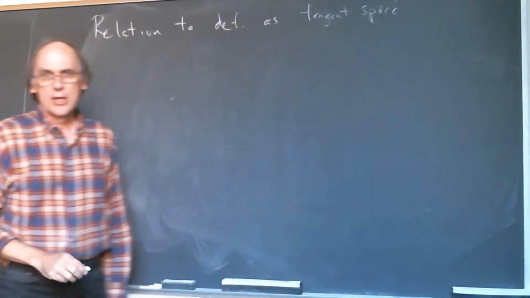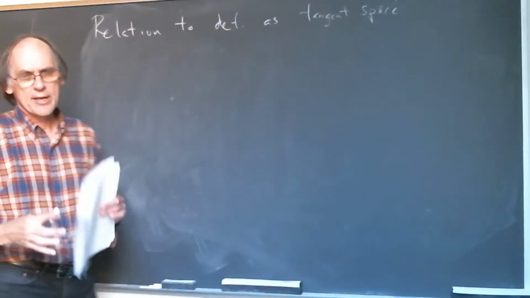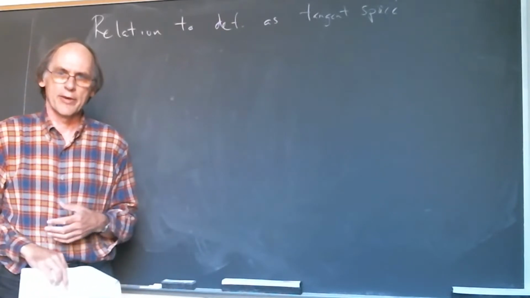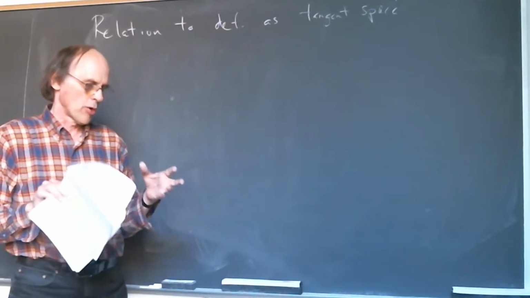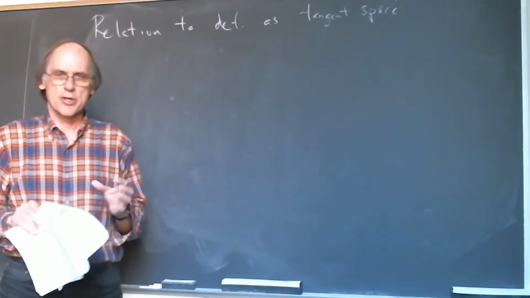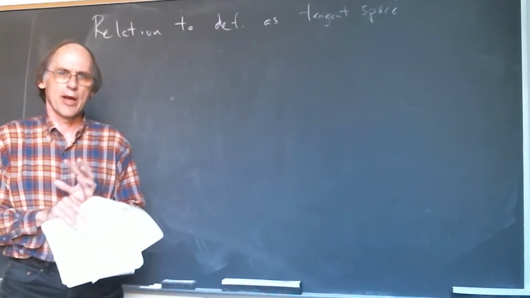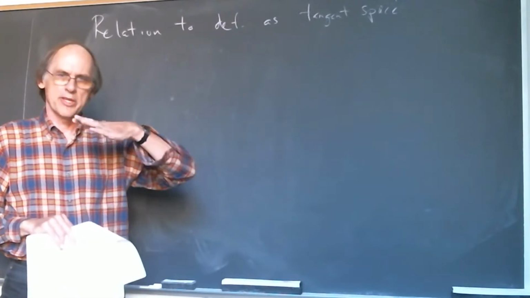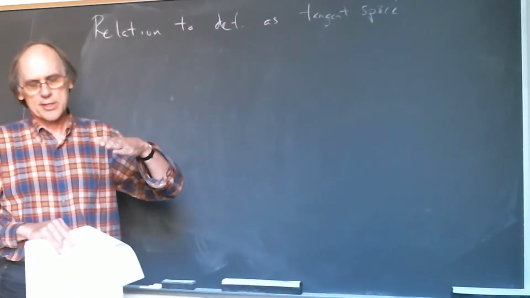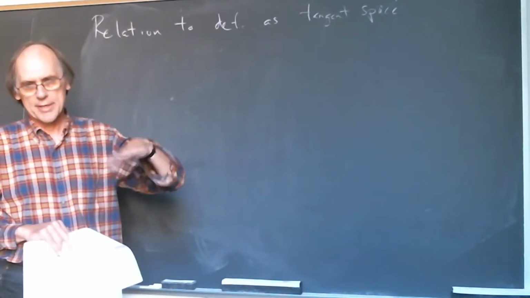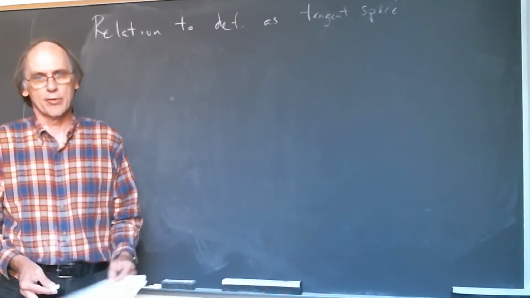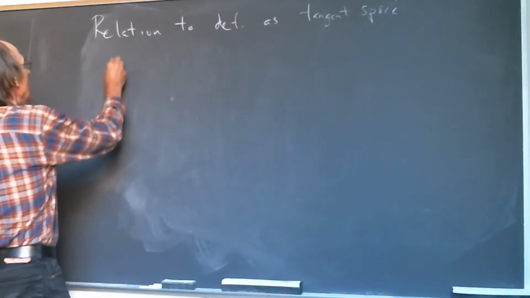If you take a course in differential geometry, one of the main problems is how to define the tangent space of a manifold. Almost by definition, a manifold is something which locally looks like Rn, and so has a well-defined tangent space, but how are you going to define it?